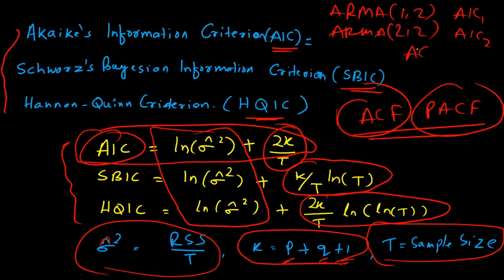If AIC1 is less than AIC2, then you go for ARMA 1-2, because that's the most optimal model based on the information criteria. That's the way you choose, and it could take several models to find out which one is the best, not just two. It could be 5, 10, and so on. So this is an additional, or totally different, way of choosing the order of the model. You can use it along with ACF and PACF to make sure that your selection of the model is more robust in nature.